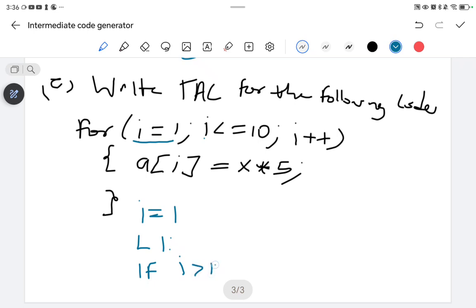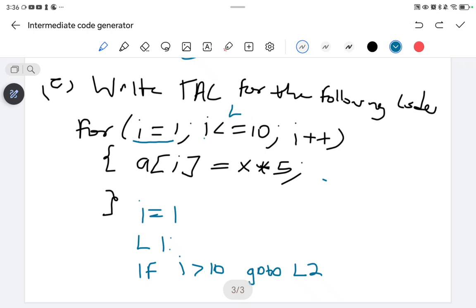We are going to L2. If this is correct, this will be called our L1, the first computation, and then if this is correct, we'll go to L2.